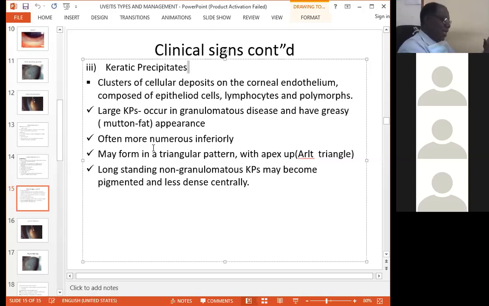They can get stuck on the posterior part of the cornea, or they can settle in the anterior chamber inferiorly, forming a liquid level. So inflammatory cells can either settle down or get stuck on the cornea. When they're stuck on the cornea, they are referred to as keratic precipitates or KPs.